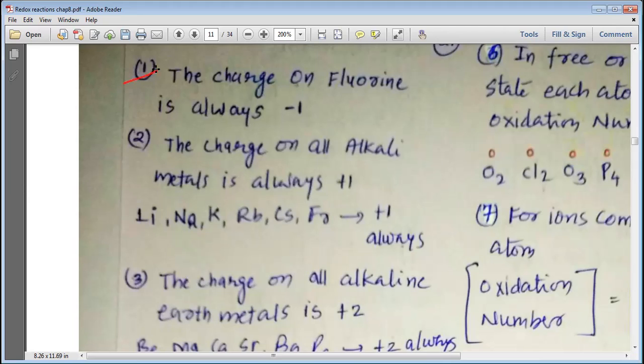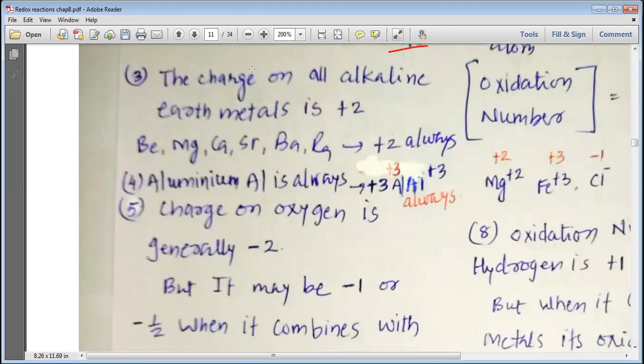So the first rule, the charge on fluorine is always -1. Please remember that we will always keep the charge on fluorine as -1. The charge on all alkali metals is always +1, whether it is lithium, sodium, potassium, rubidium, cesium or francium. The charge on all the alkaline earth metals is always +2.